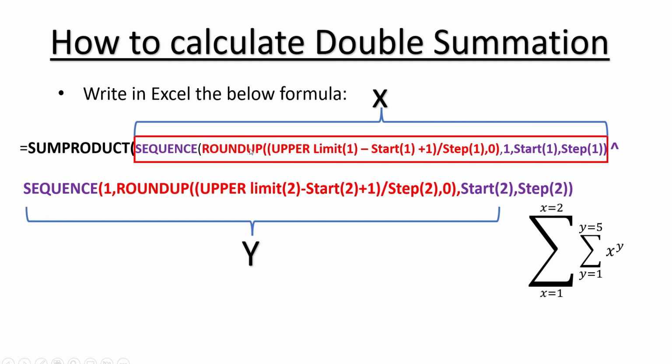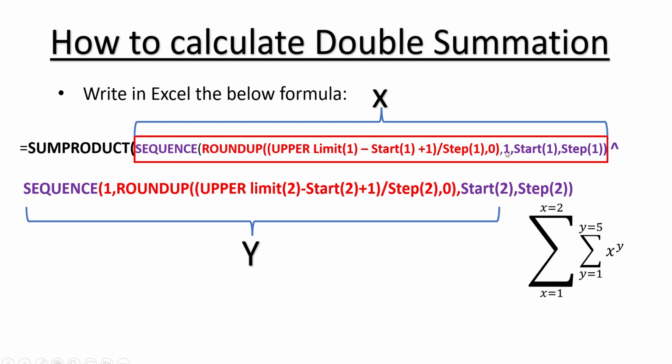Because we are talking about the first summation about x, we put the parameters or definitions for x. So ROUNDUP, upper limit 1 minus start 1, plus 1, between two parentheses, divided by step 1, comma 0 because we don't need digits after the comma.